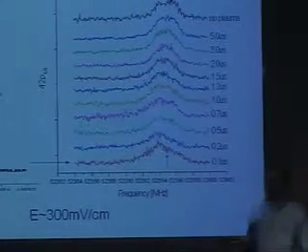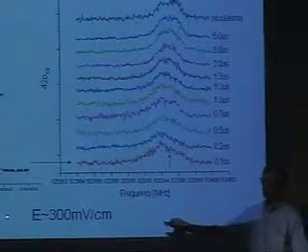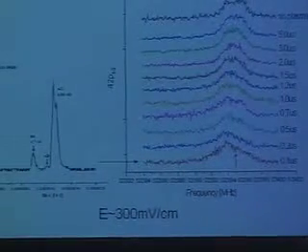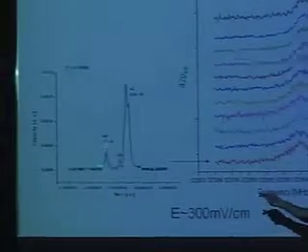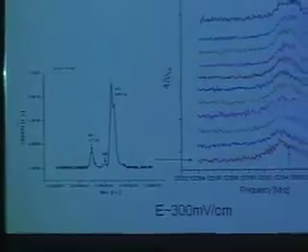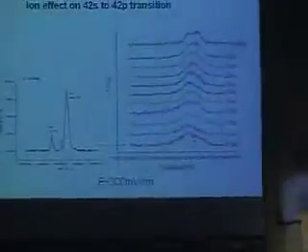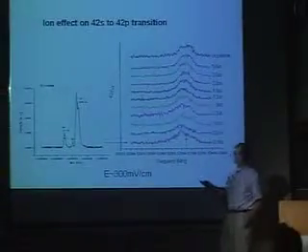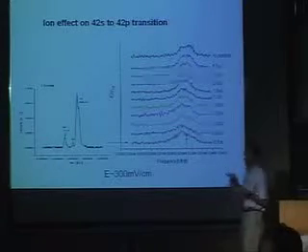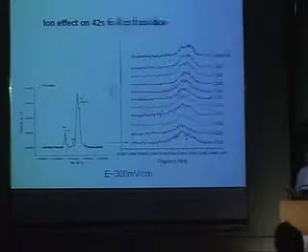So this is a shift of about 1 megahertz, which corresponds to a field of about 300 millivolts per centimeter. Now, we usually didn't have, I don't think, this many ions, but we have to check this. So this, of course, is potentially a problem, and we have to check this to be sure.